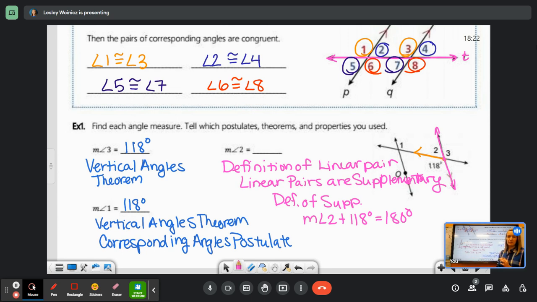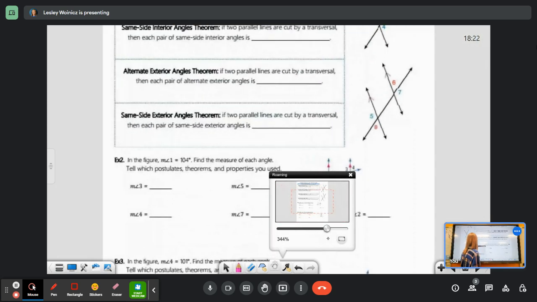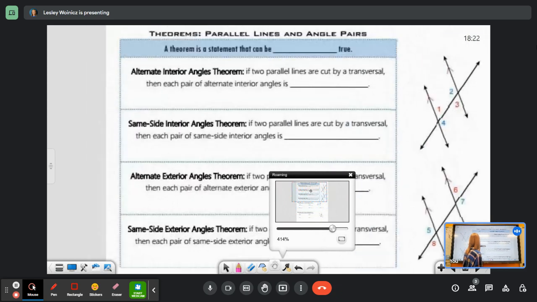That comes from the definition of supplementary. So if we subtract 118 from 180, we get 62 degrees. Okay, this is what I was talking about before when I jumped the gun.